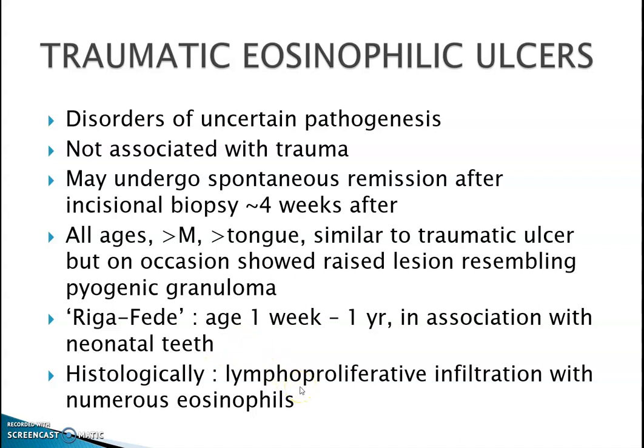Histologically, what do you see in traumatic eosinophilic ulcer? It's a lymphoproliferative infiltrate with numerous eosinophils. The word eosinophils, so how do eosinophils look like? Eosin means it's like the pinkish, the reddish cells, right? Mast cells, eosinophils. Eosinophils are actually like plasma cells, but the content of the cytoplasm is eosinophilic.